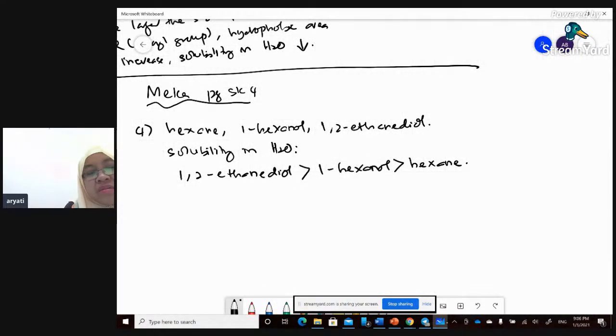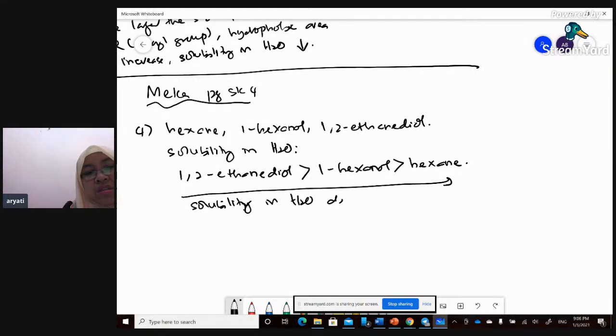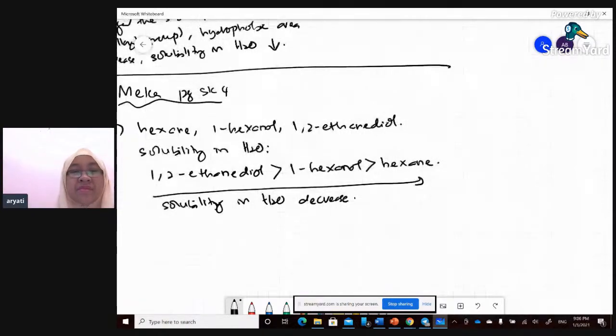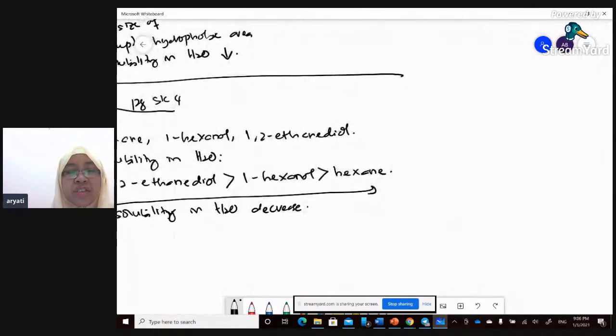Boleh buat tanda lebih besar ataupun more ataupun kamu buat arrow kat sini. Solubility in water is decreased. Okay, then dia suruh kamu explain.